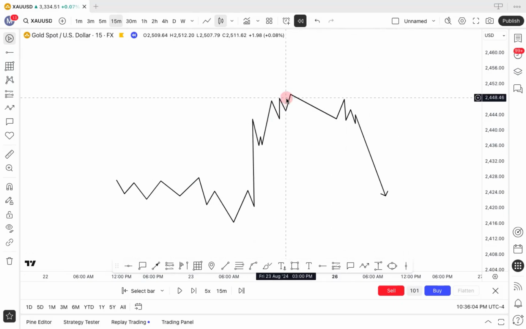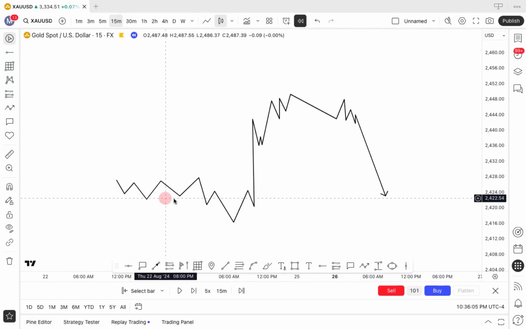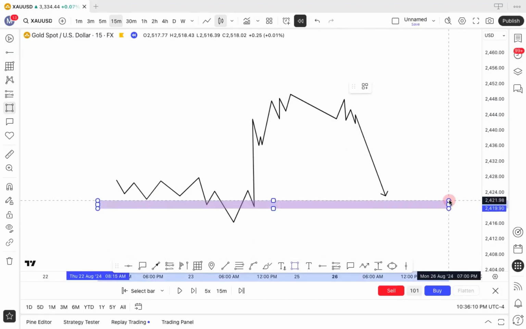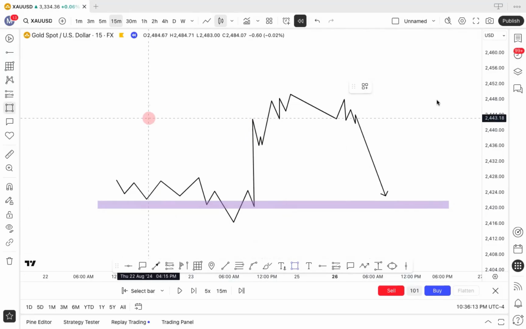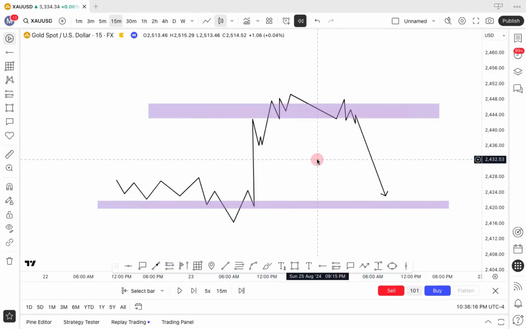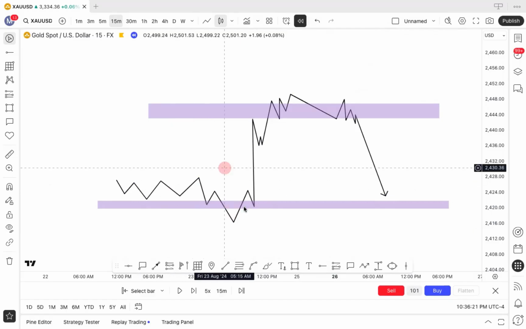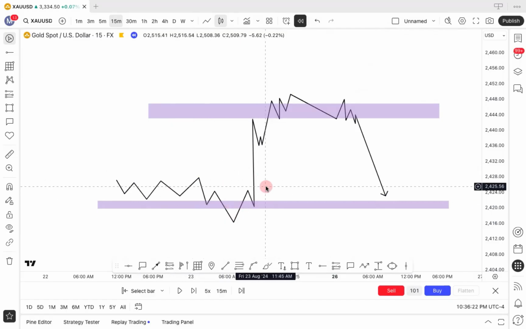We see price touch here a lot, and we also see price touch here a lot. So wouldn't it make sense that we would draw some type of support zone here, and some type of resistance zone up here? Why? Because when we see price failing to break something many times, or touching a zone multiple times, that usually means that zone could be potentially strong, right?